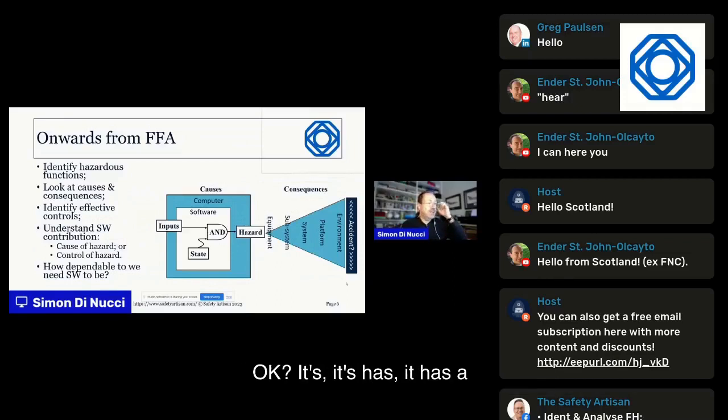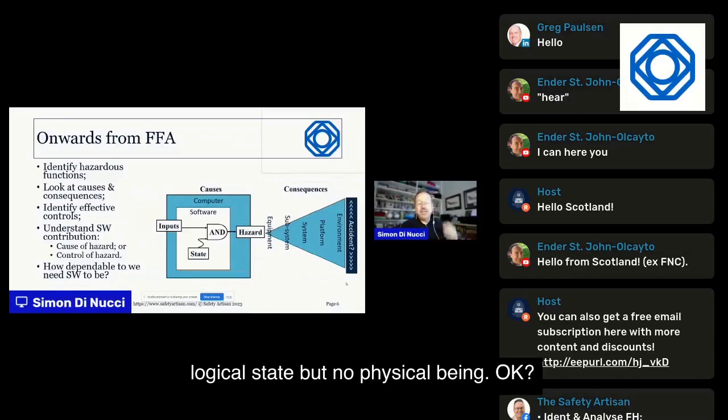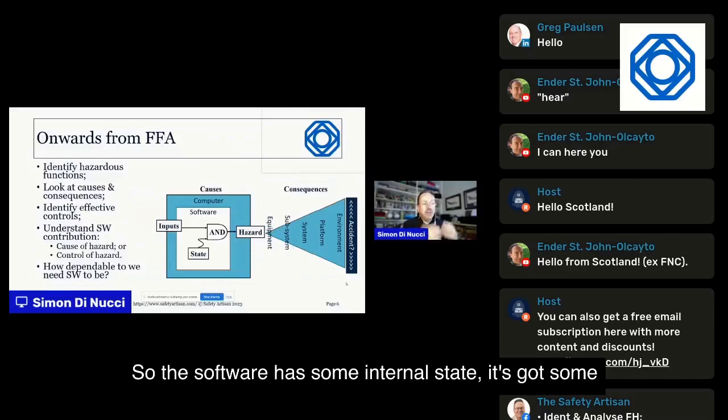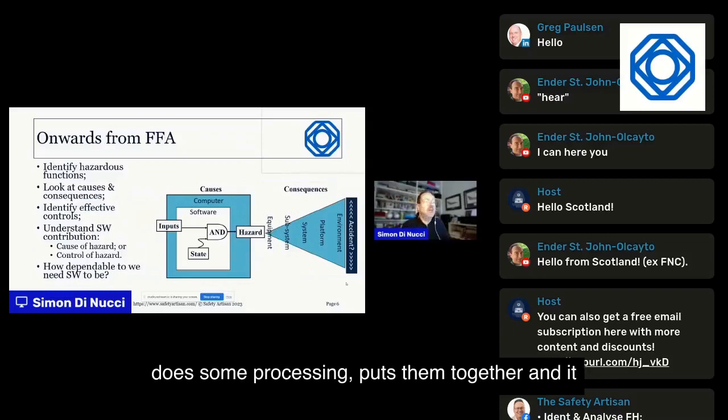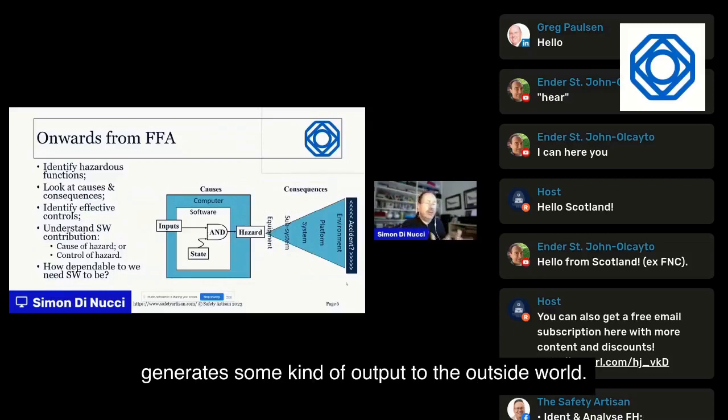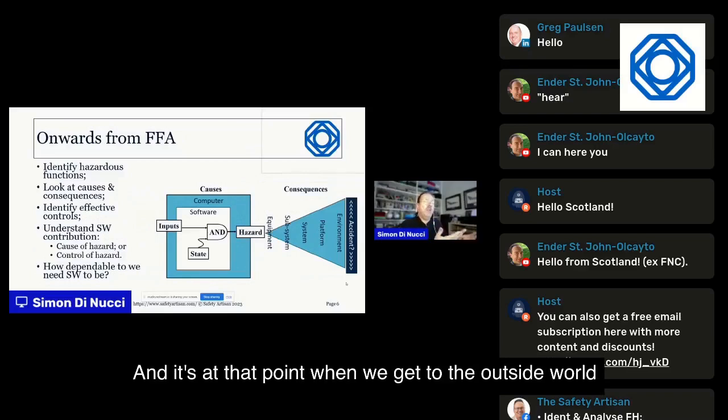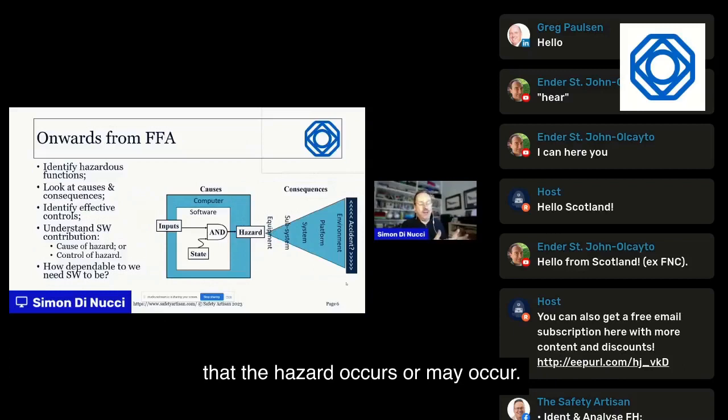It has a logical state, but no physical being. The software has some internal state, some data and variables, and it sees some external inputs, does some processing, puts them together, and generates some kind of output to the outside world. And it's at that point, when we get to the outside world, that the hazard occurs or may occur.